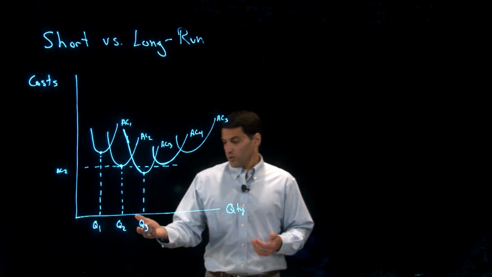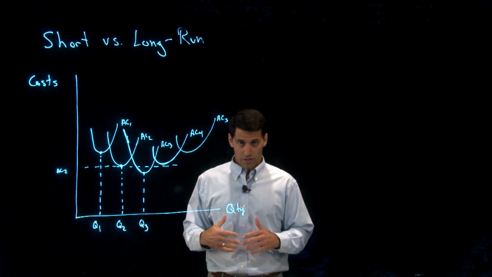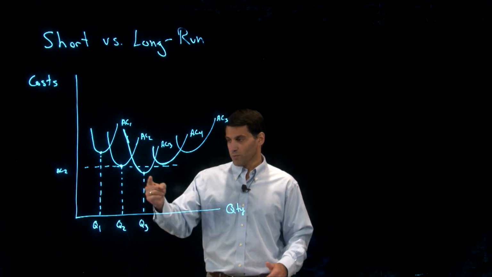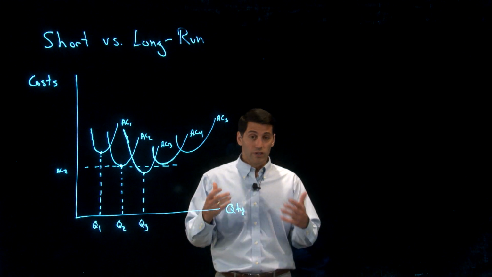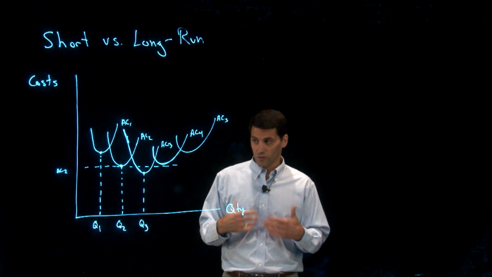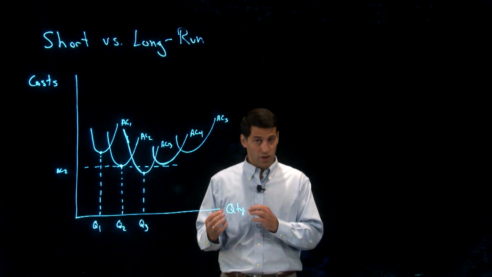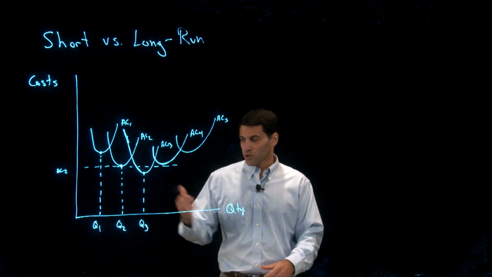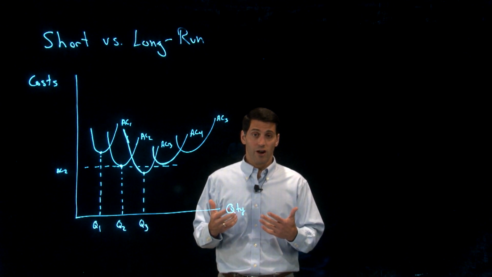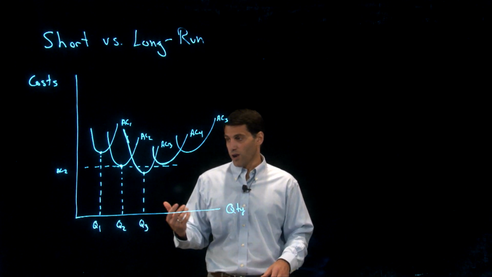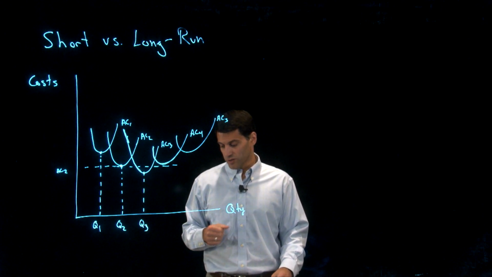Having 3 pizza ovens gets your costs down if you're making a good number of pizzas, but if you're making relatively few pizzas, then you have this really high fixed cost associated with those 3 ovens in the short run. Remember, fixed cost is a short run notion. But you're not making enough pizzas to really justify the fixed cost of that 3rd oven. So you'd be better off making Q2 with 2 pizza ovens.